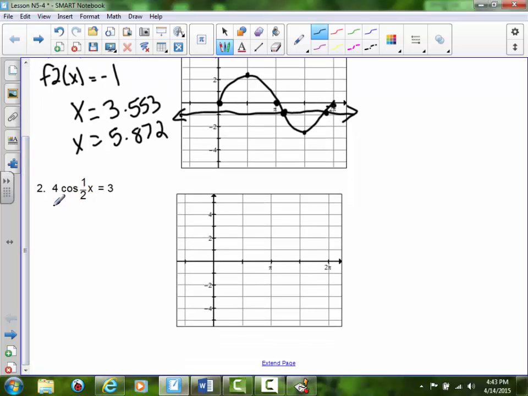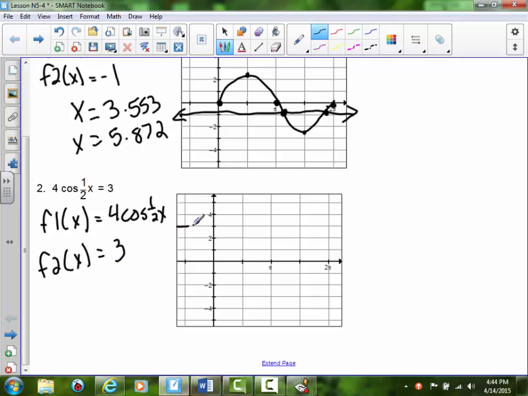All right, let's take a look at another. We're going to set up the same. The left side will go in as our f1 of x, and 3 will be our f2 of x. If we wanted to graph it by hand, hopefully you'll be able to do a better job with your straight edge and pencil and paper than I'm doing right now, but there's f2 of x.